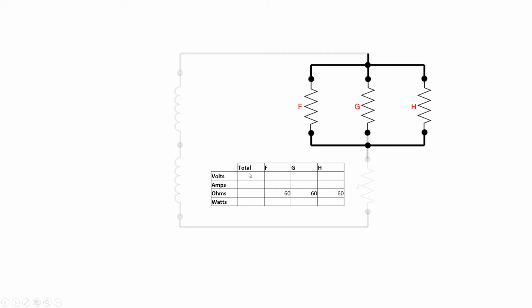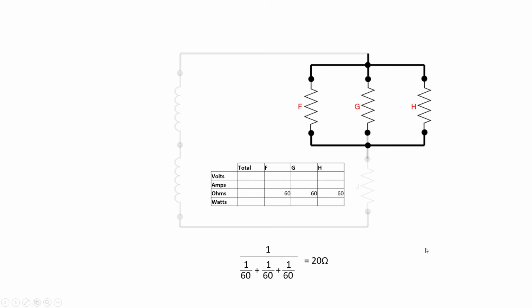Usually we can fill in the voltage. In this case, we can't because we don't know what effect this element's going to have on our voltage. So really the only thing we can do is calculate our total resistance. And this is one spot where we can't get around this big, nasty parallel circuit resistance formula. But I'll save you the trouble here. If we go ahead and calculate that out, we get 20 ohms.